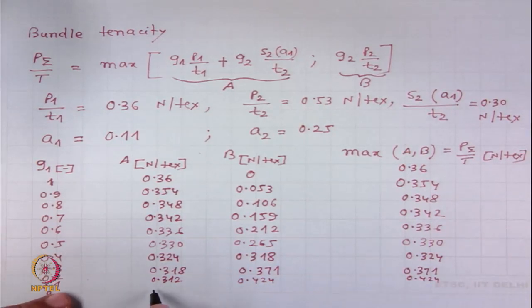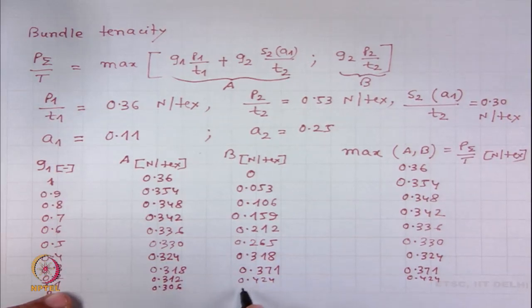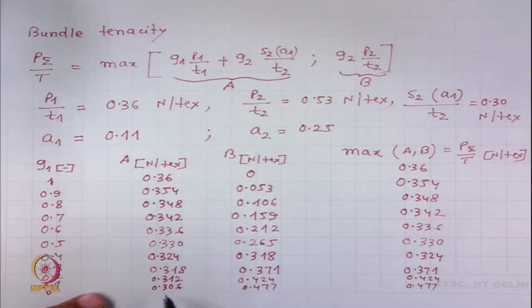At 0.1 this value will be 0.306, this value will be 0.477, this value will be 0.477, and at 0 this value will be 0.3, this value will be 0.53. So, this value will be 0.53.